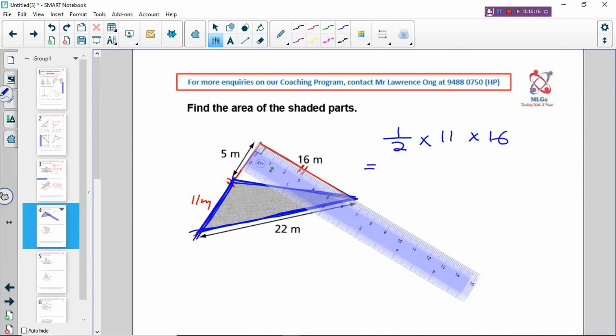Shortcut: in paper 1, you don't want to spend too much time doing working. You should be cancelling. Divide by 2, divide by 2. Then you circle the numbers you never cancel. So you have 1 times 11 times 8, that will be 88. The area of the triangle is 88 meters square, which is the shaded part.